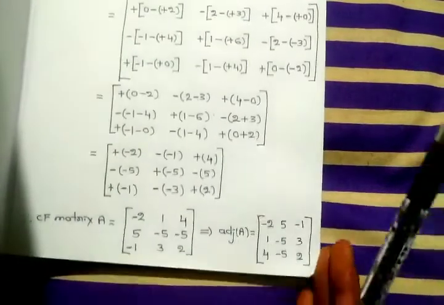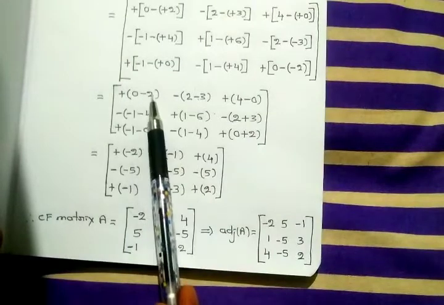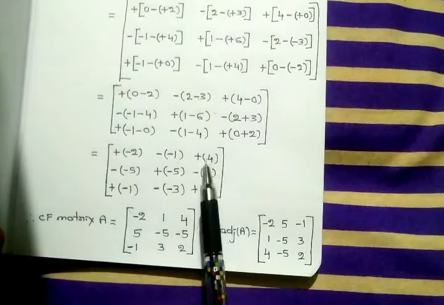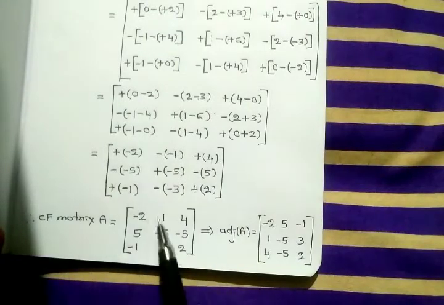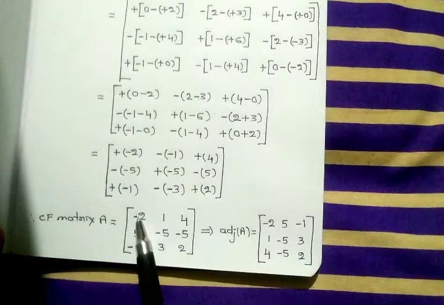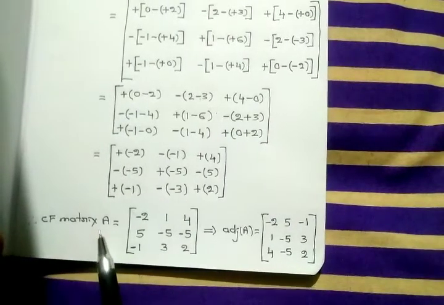So next step, again outside sign keep it as it is, inside values you add and subtract. Last step, outside sign and inside sign you need to multiply. So then you will get the cofactor of matrix A.